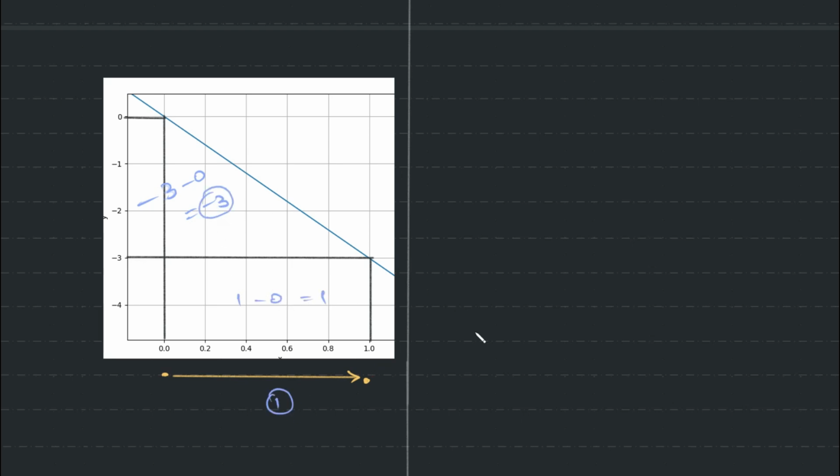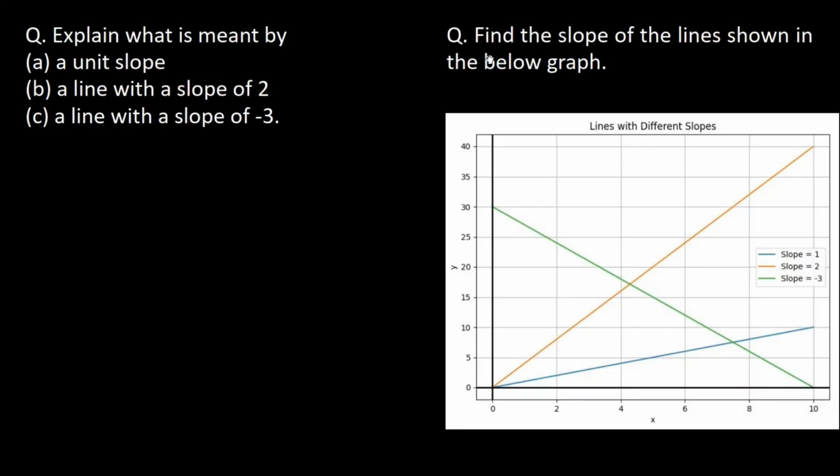So this is your run, this is your rise. Slope is rise by run, so the slope is minus 3.